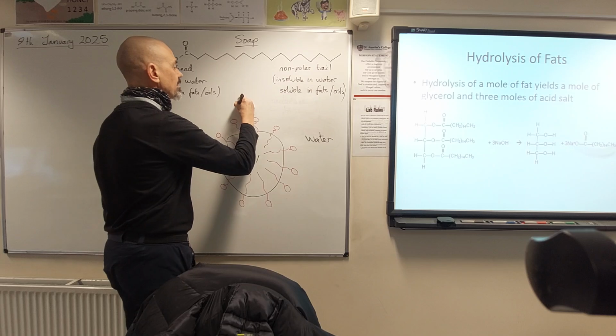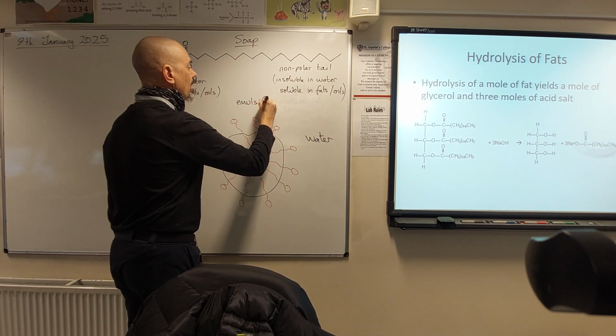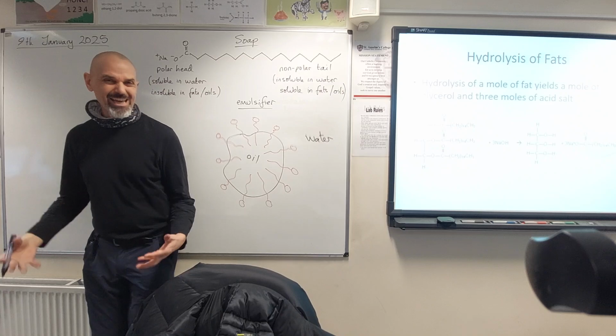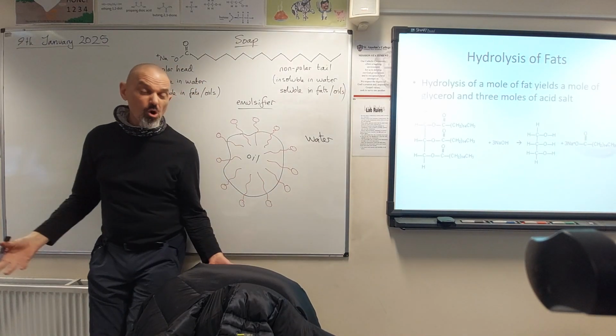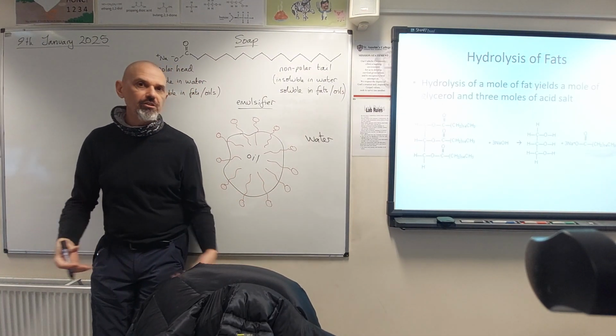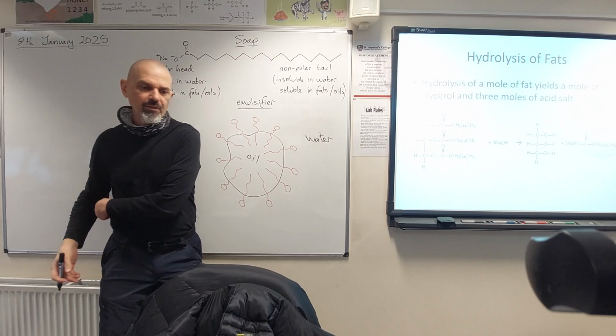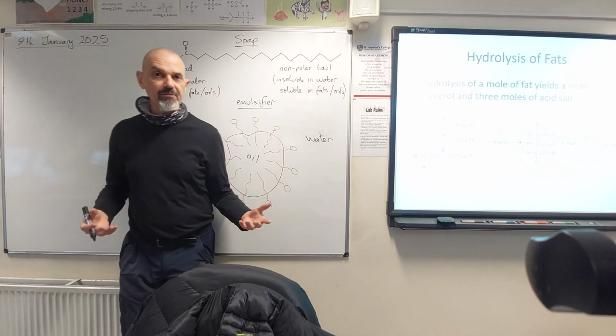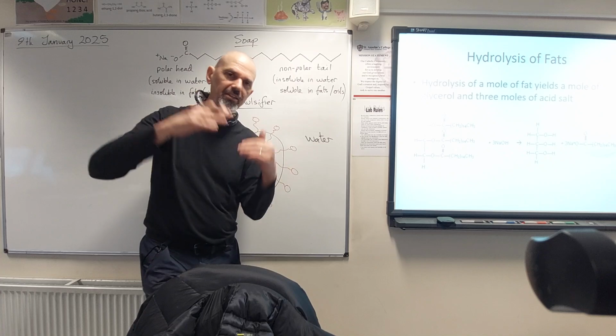So we call this an emulsifier. An emulsifier is any molecule which enables two things that don't normally mix, oil and water, to mix, to dissolve. If you're making salad dressing and you mix oil and vinegar together, they don't mix very well, they'll separate out.